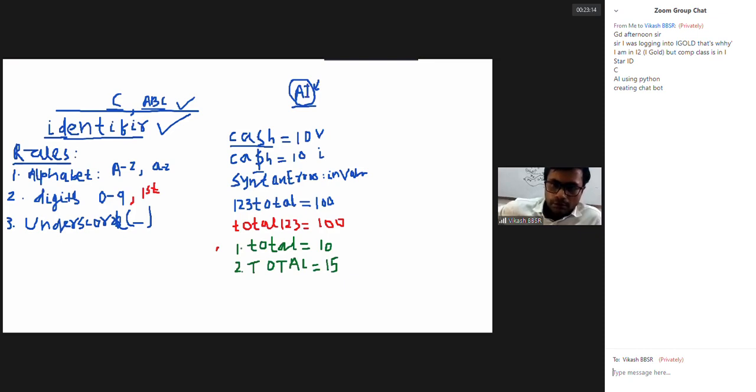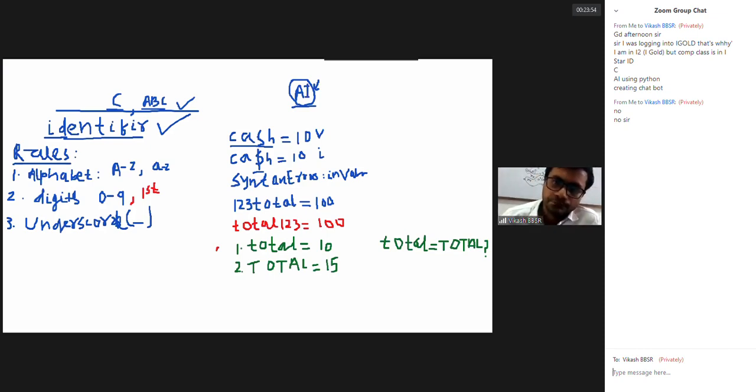Both are valid. But if both are the same, are both identifiers equal?